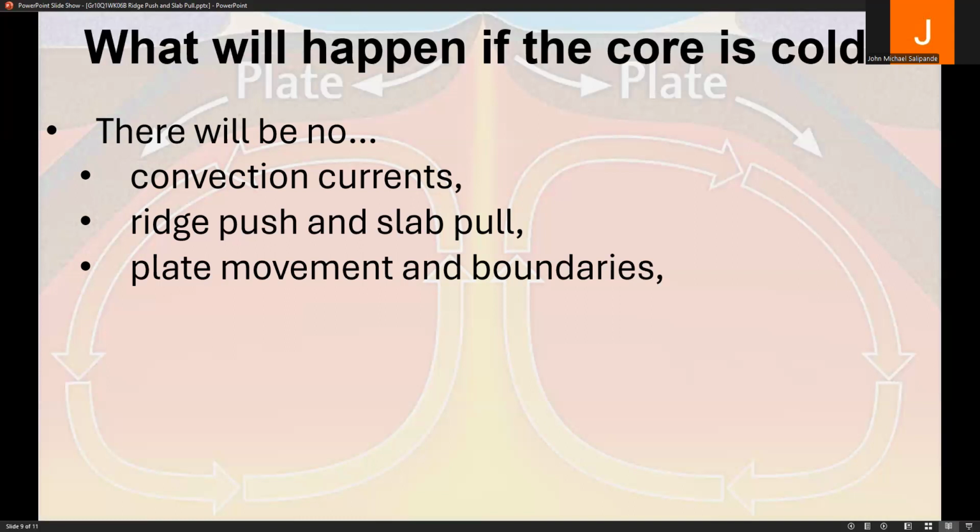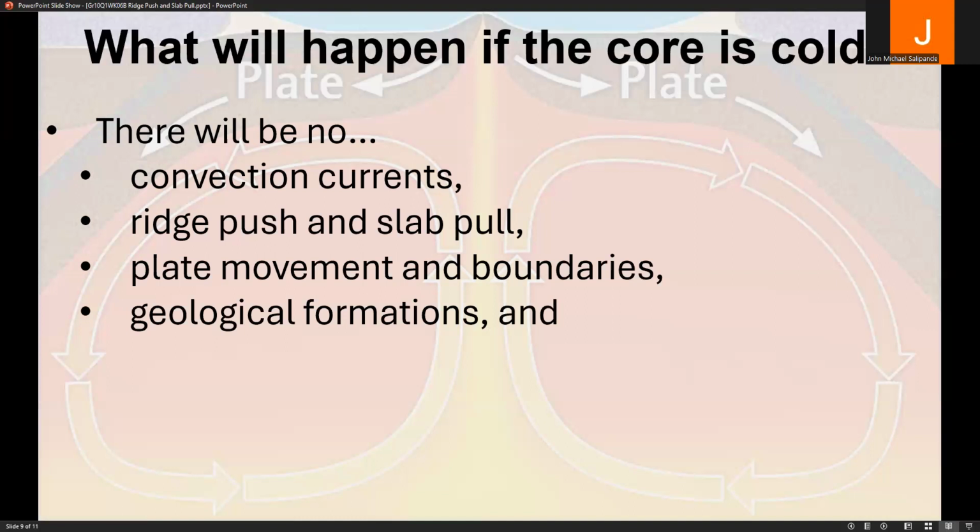The ones that we didn't tackle as well will not probably happen anymore because the plates are stationary and not moving. As a consequence, there will also be no geological formations: no mountains, mountain ranges, hills, volcanoes, islands, trenches, rift valleys, mid-ocean ridges, and other landforms and waterforms.